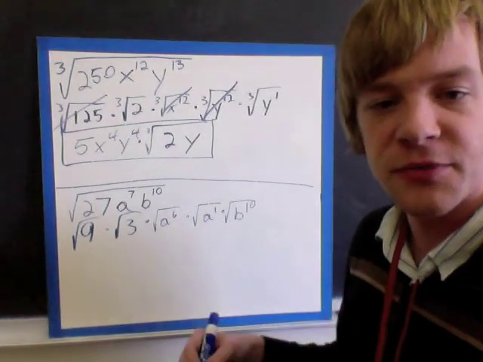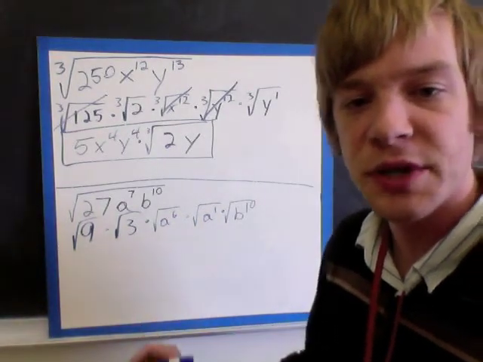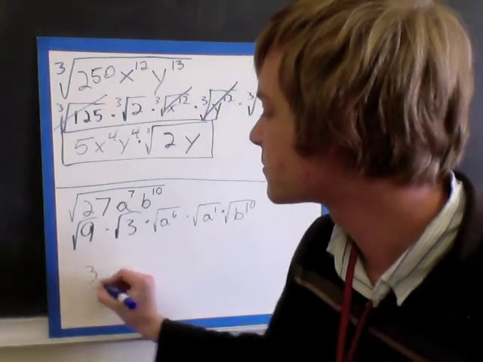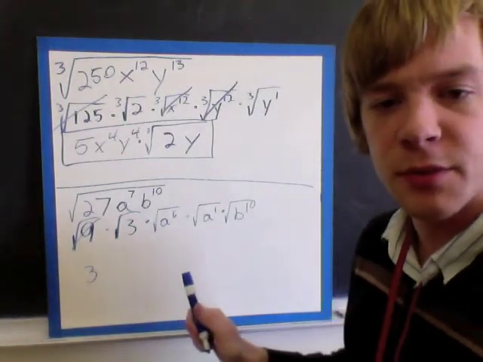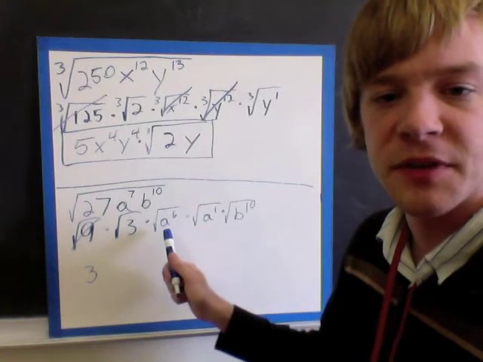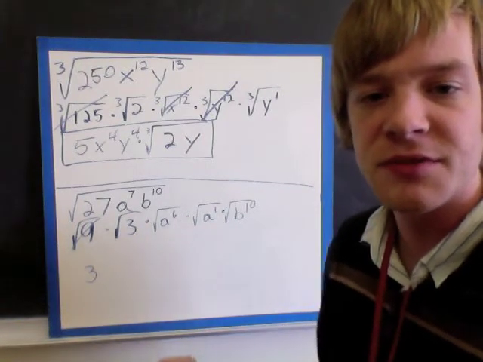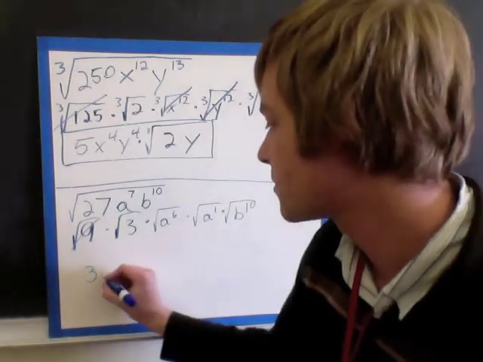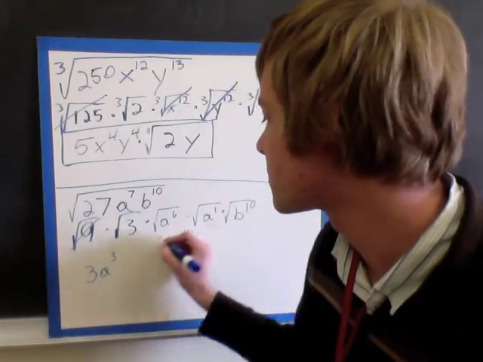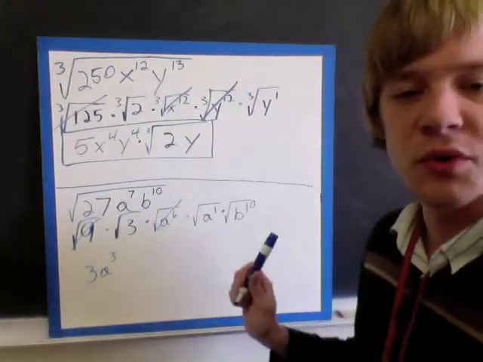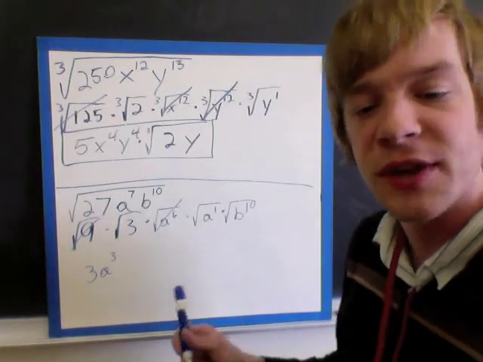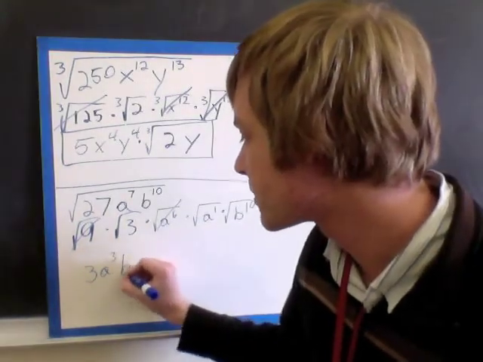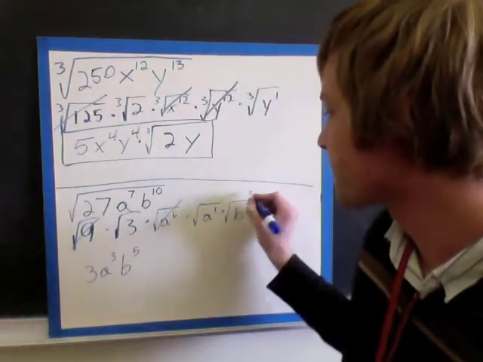Now we're going to simplify. So the square root of 9 is 3. Can't simplify square root of 3 at the moment. We can simplify this. 6 divided by 2 gives us a to the 3. A to the 1 won't simplify, but b to the 10 will, which will give us b to the 5.